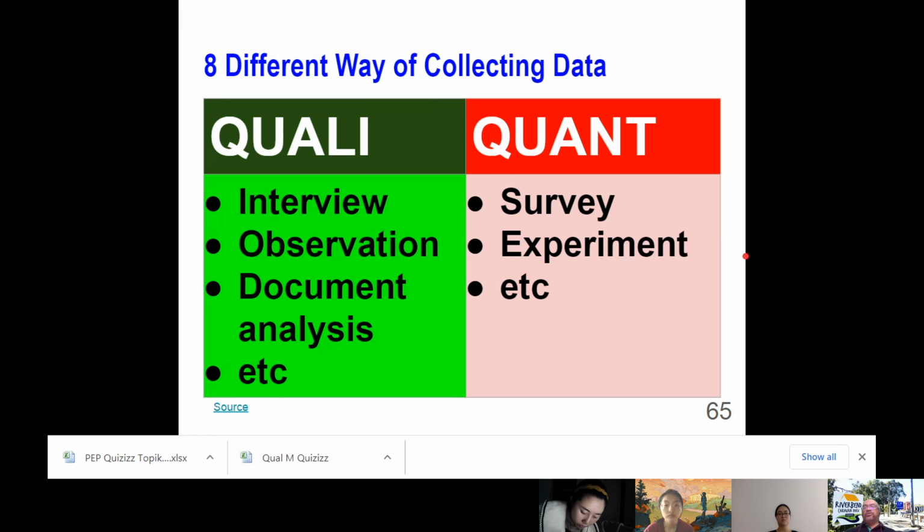What about the experiment? You must have an intervention or innovation, because you want to see its effectiveness. For example, you have two classes of students, two groups. For the first one, you implement the innovation.